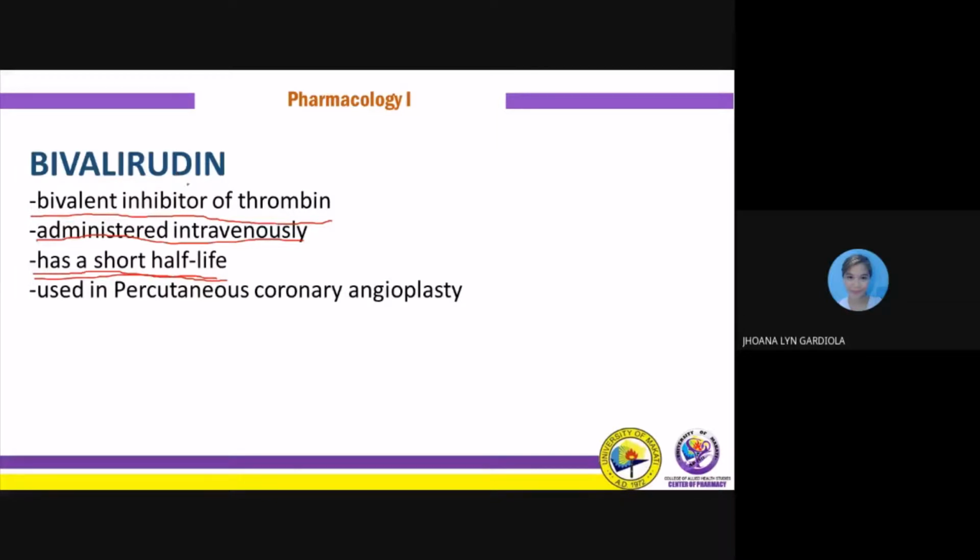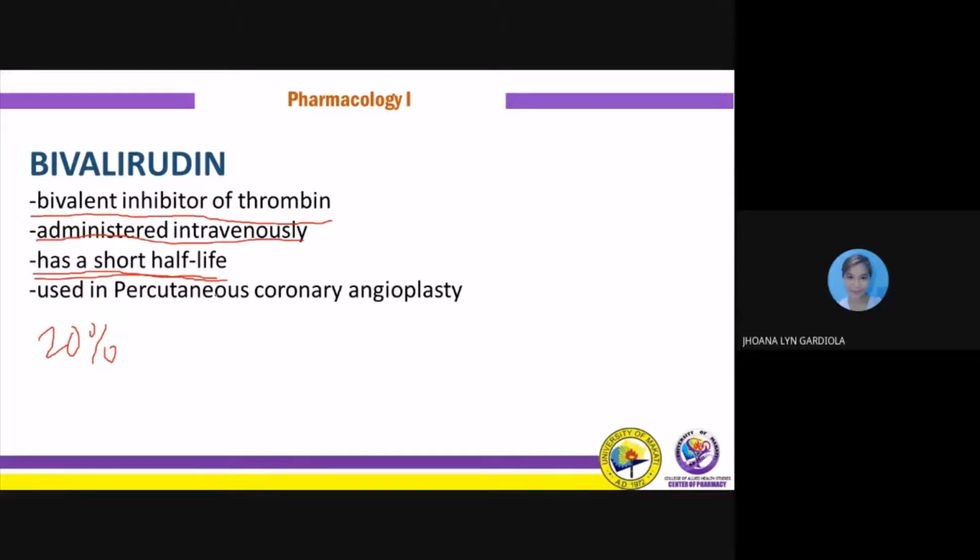So when we administer bivalirudin, 20% of the dose is renally eliminated, and dose adjustments are necessary in patients with moderate renal insufficiency.